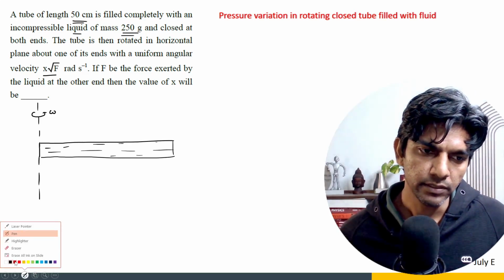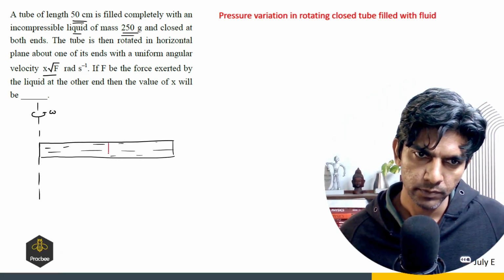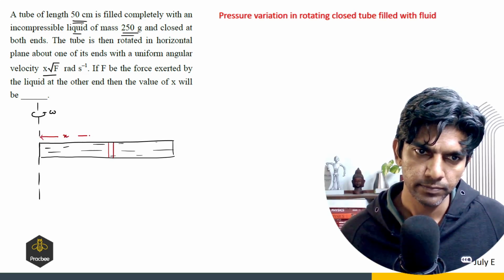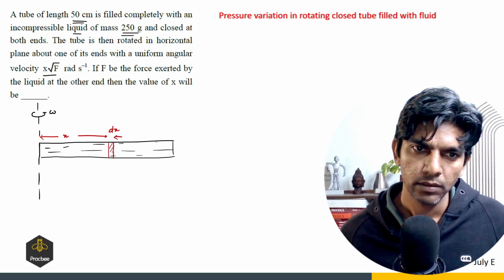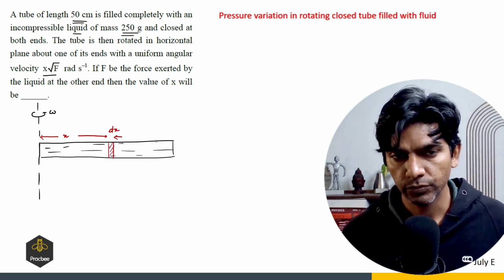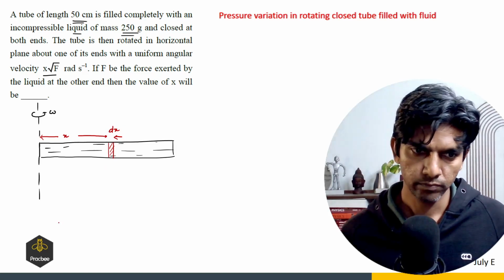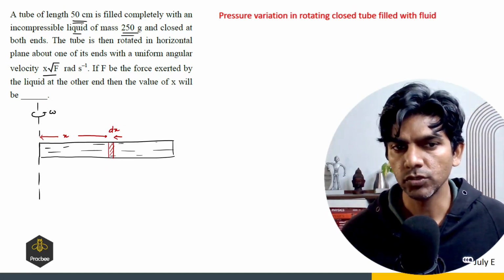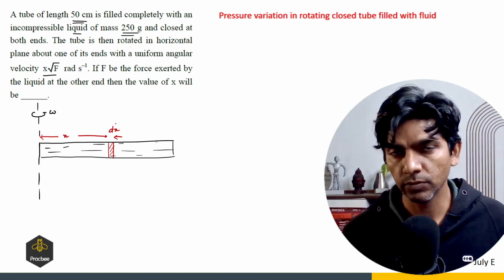So if I consider an element which is located at a distance x, and the length of this element is dx. Now this element is rotating in a circular path, so there has to be a centripetal force, and that force will be exerted by the pressure, right? So there has to be a pressure variation on the left side and the right side of this element.